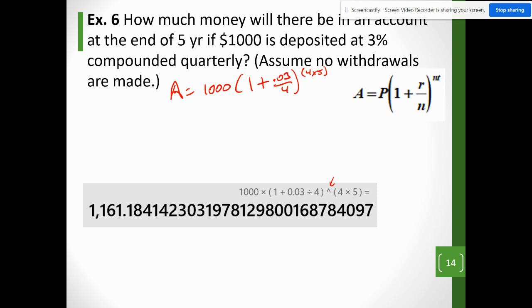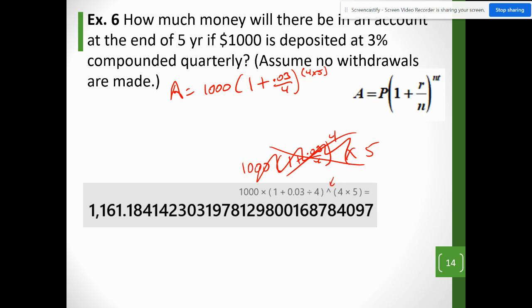Because if you don't, the calculator will think that you're doing 1,000 times 1 plus 0.03 over 4 to the 4, and then it's going to do times 5 here, which is not what we want. So make sure that 4 times 5, you put it inside parentheses.